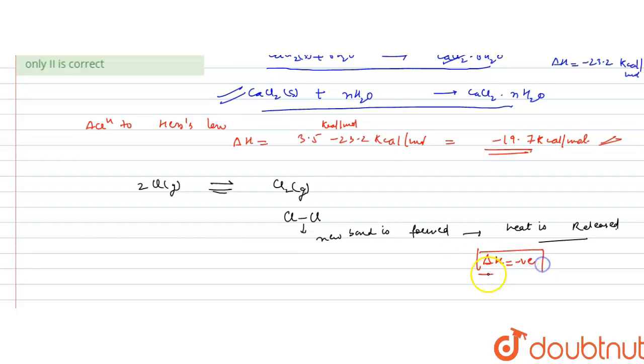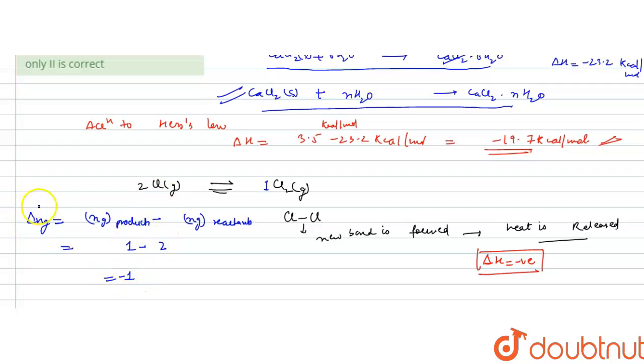Now for ΔS, we see the change in the number of gaseous moles, Δng. That is the number of gaseous moles of products minus the number of gaseous moles of reactants. The number of gaseous moles of product is 1, so it is 1 minus 2, which is minus 1.